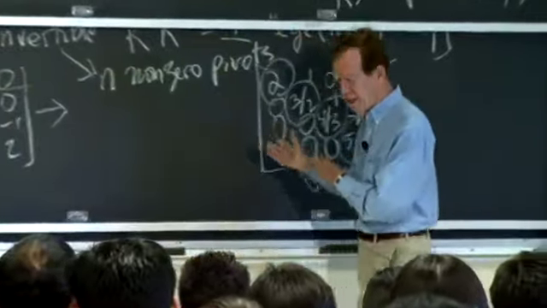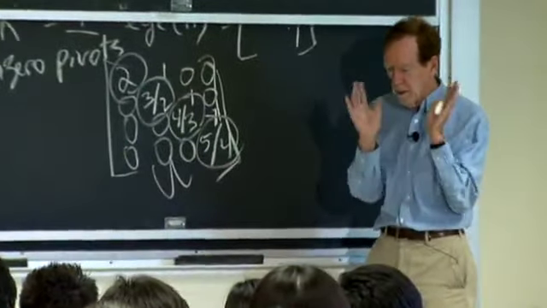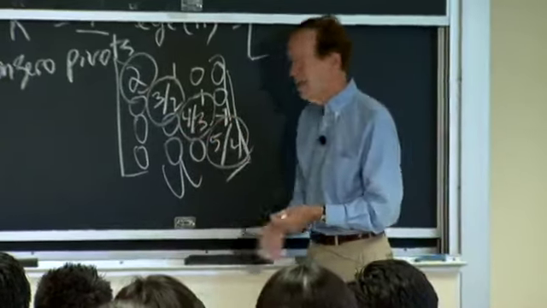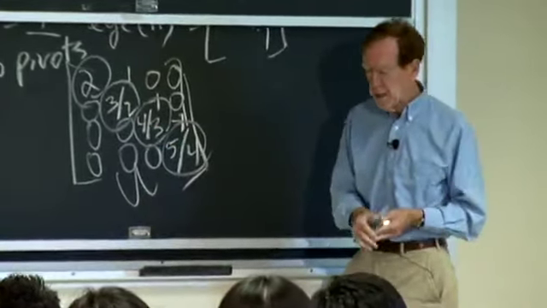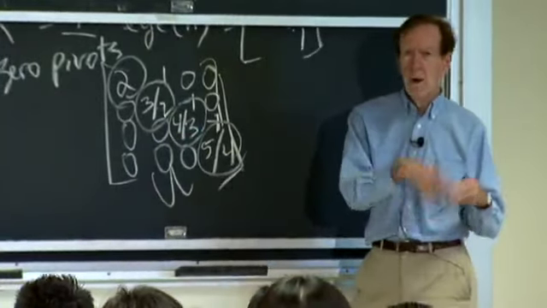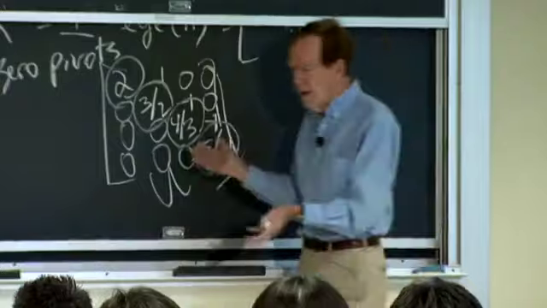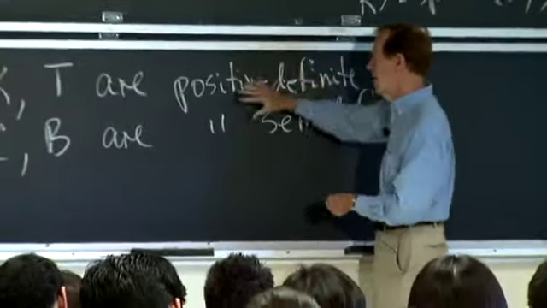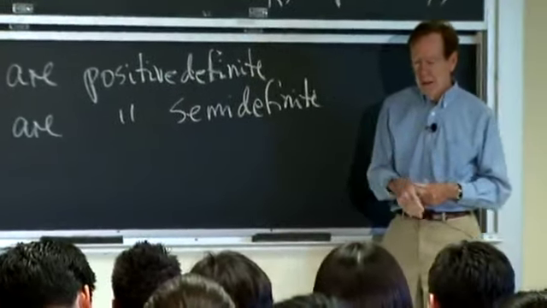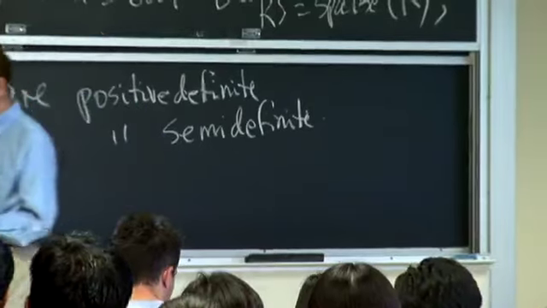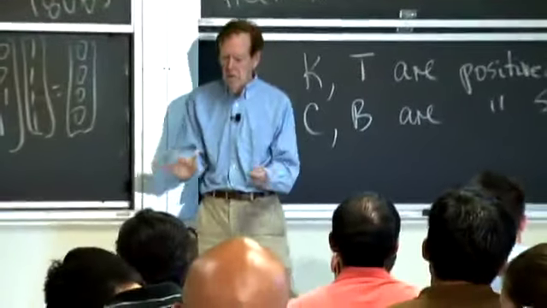So that's a test. We'll say more about positive definite, but one way to recognize it is compute the pivots by elimination. Are they positive? We'll see that all the eigenvalues are positive. The word positive definite just brings the whole of linear algebra together. It connects to pivots, it connects to eigenvalues, it connects to least squares. It's all over the place.